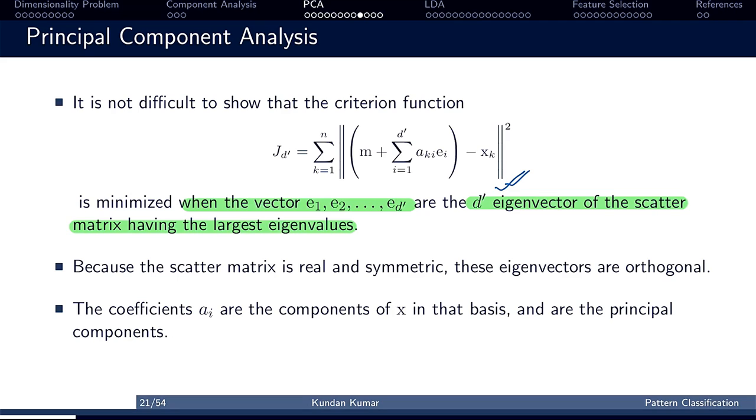Because the scatter matrix is real and symmetric, these eigenvectors are orthogonal vectors, and the coefficients ai are the components of x and are also called the principal components.